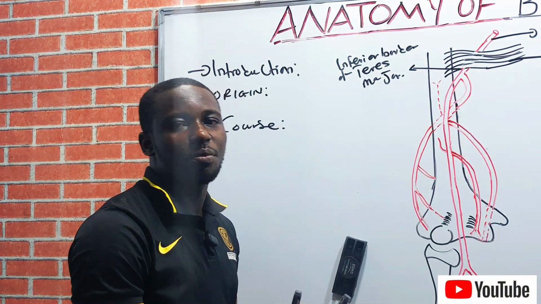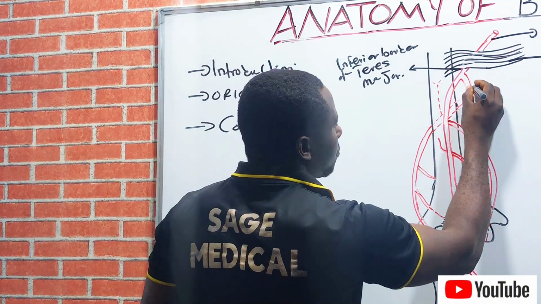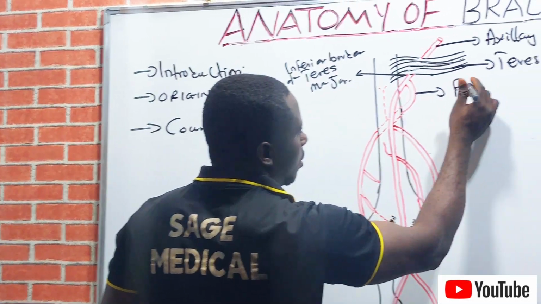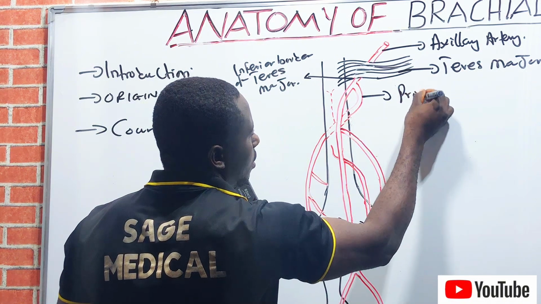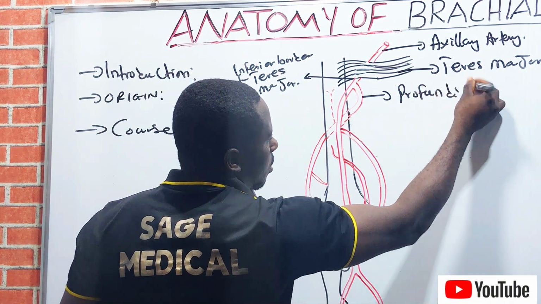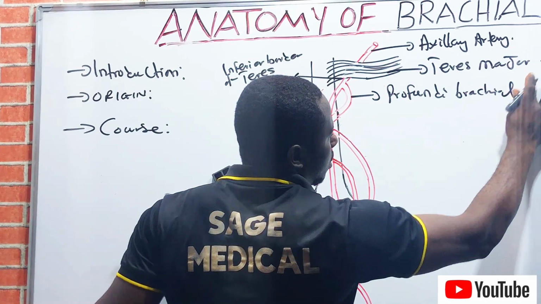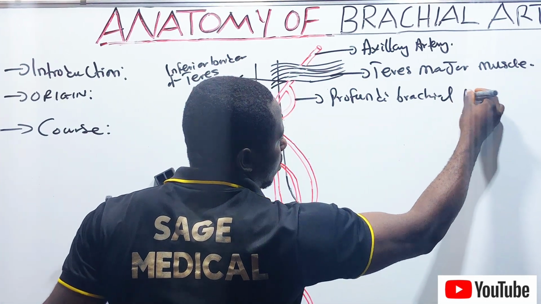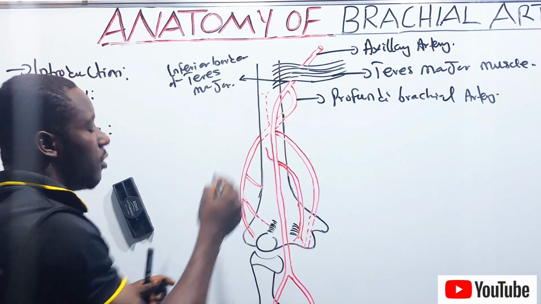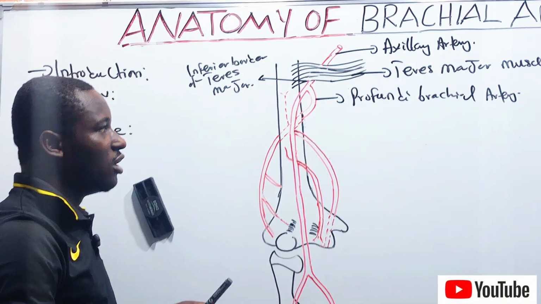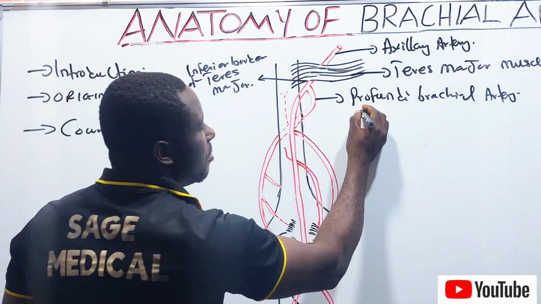It gives off its first branch, which is the profunda brachial artery. Profunda means deep.